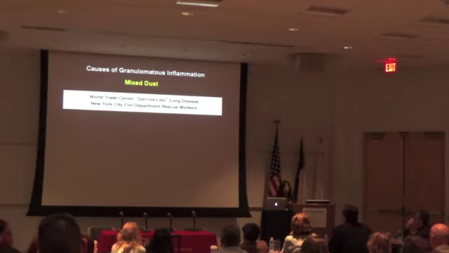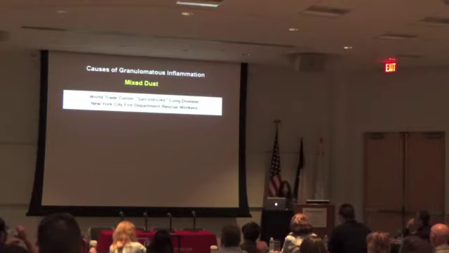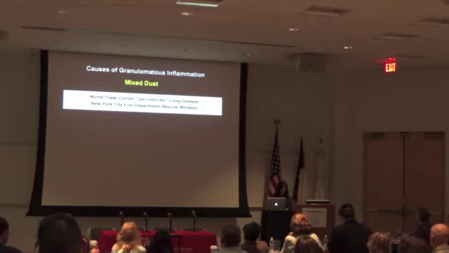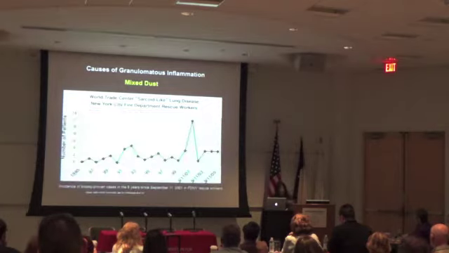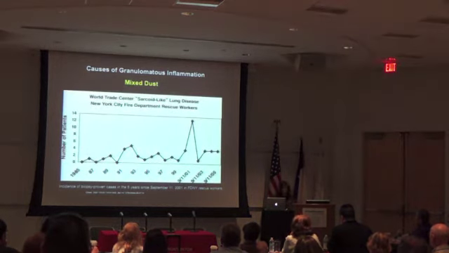This is called the 9/11 sarcoidosis, exposure to mixed dust. In the New York City Fire Department rescue workers, those who had participated in the World Trade Center cleanup, they have a higher incidence of developing sarcoidosis-like syndrome.